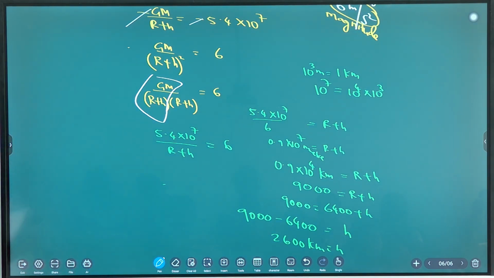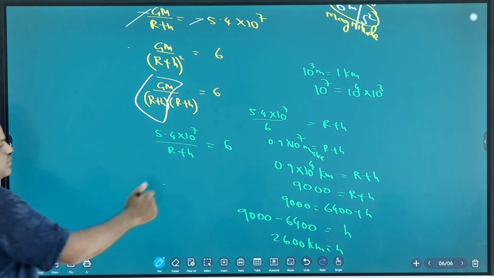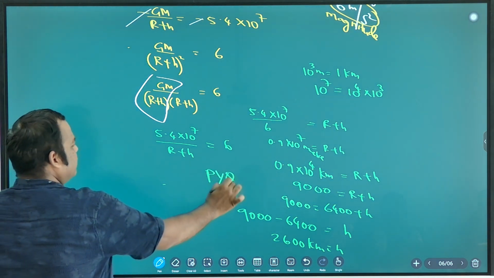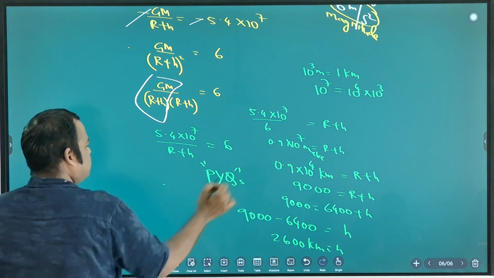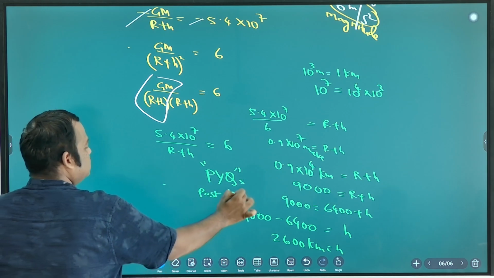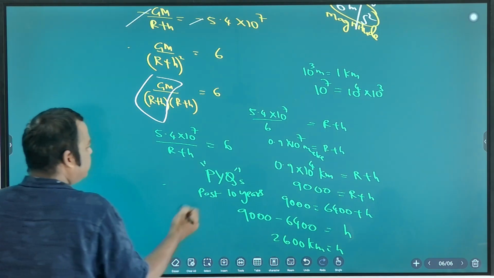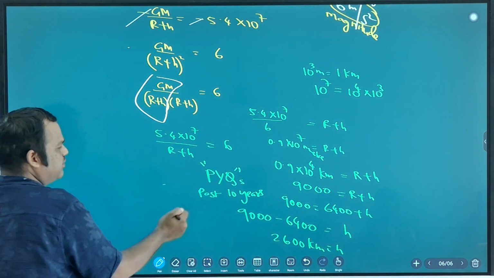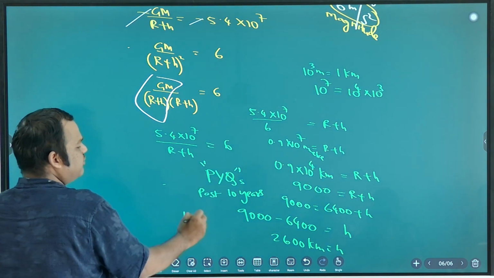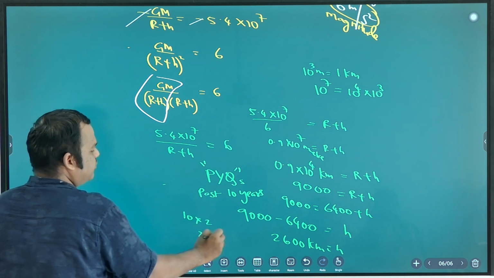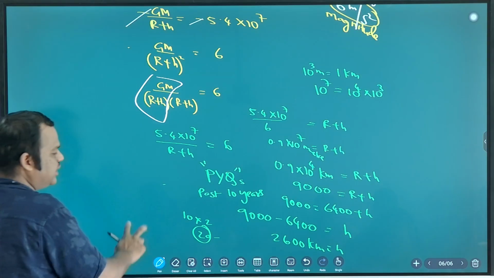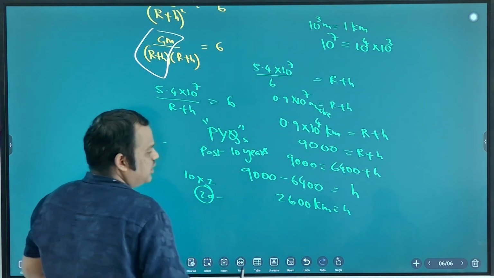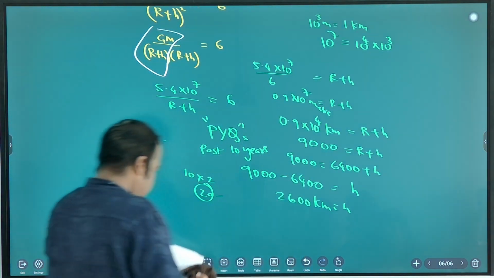Okay, clear? So practice. PYQs are very important. In the past 10 years, every year one or two questions are there in gravitation. Approximately around 20 MCQs are there in PYQs. Okay, clear? Okay, fine.